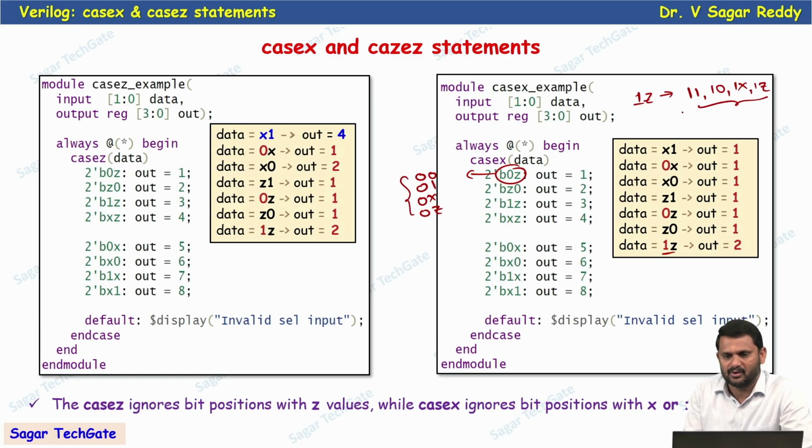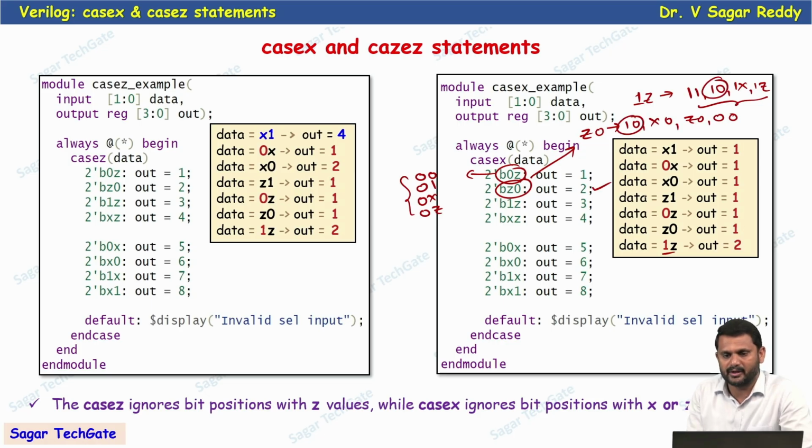So this is the case expression. These are the case items. There is no match. Clear? Now in case of this, take this z0. Z0 means we can write 10, x0 and z0 or 00. Clear? It matches here. See this? So in this case, 10 matches. Understood?